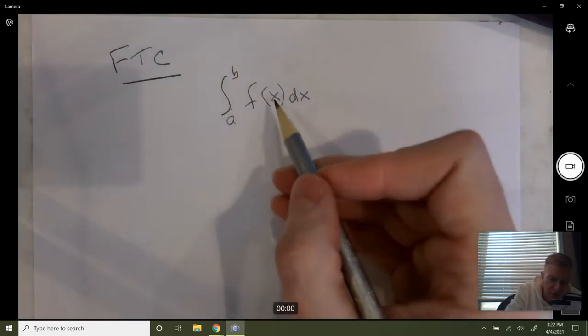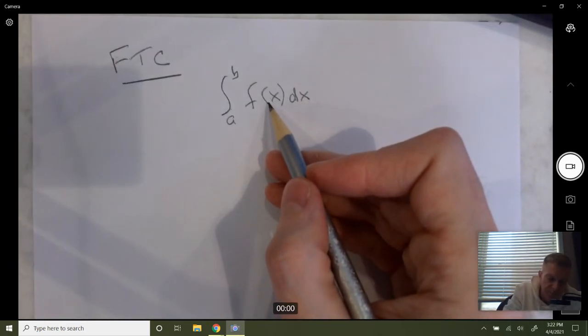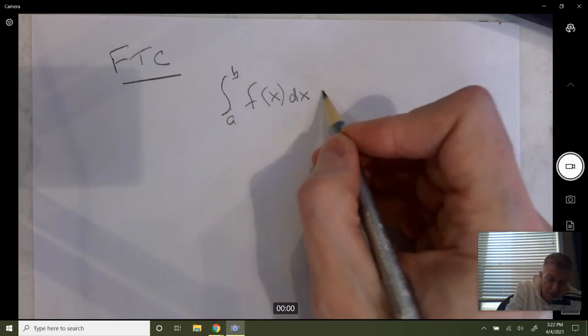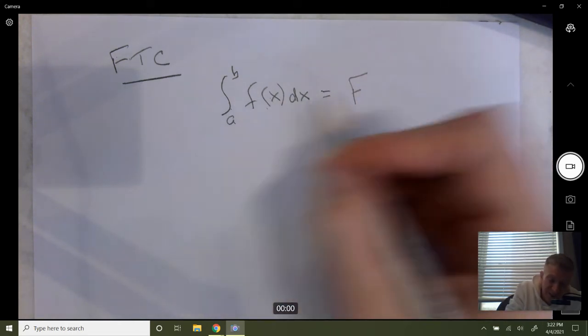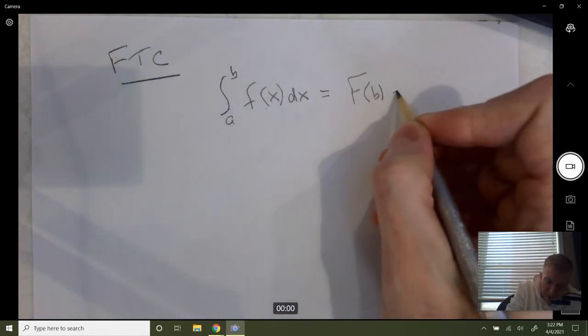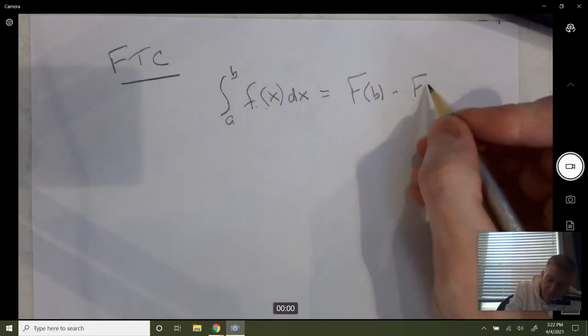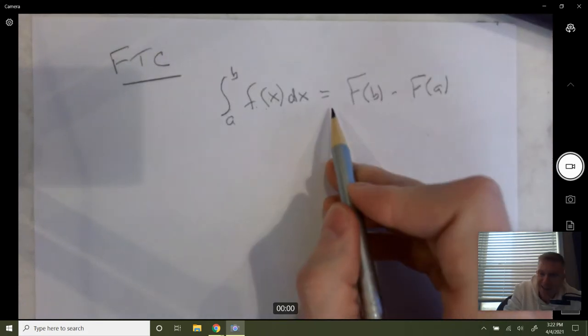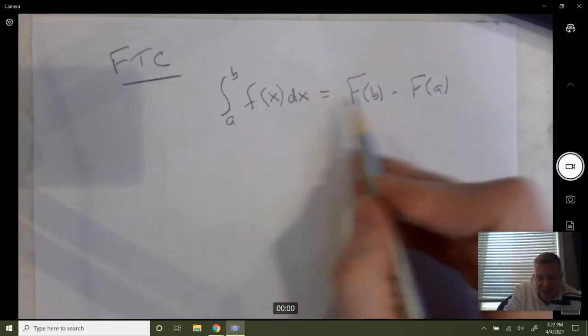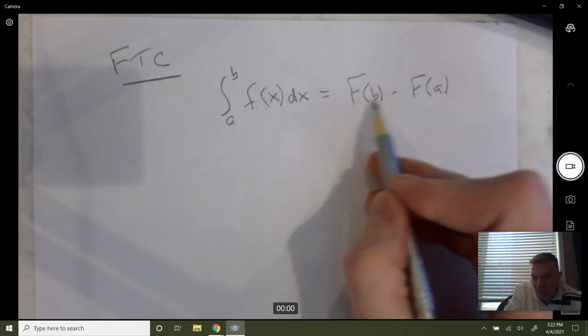Okay, so what you'd have to do using the fundamental theorem of calculus is find the antiderivative of f evaluated at b minus the antiderivative of f evaluated at a. And really, this integral was only dependent on your final and your initial points.